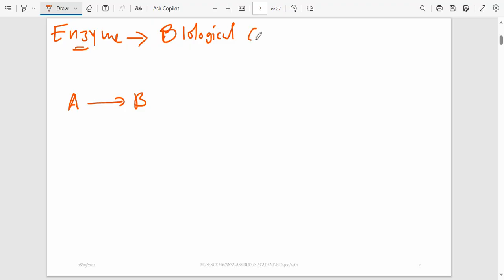Another thing you need to know in the definition of a catalyst is that it will make a reaction move faster, but it is not changed. That is very important. The reaction is moving much faster, but what is making the reaction move faster is not changing.